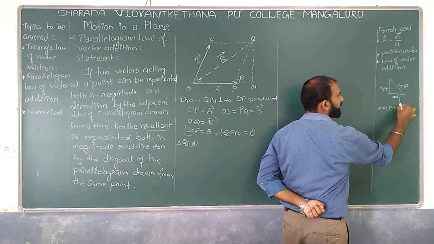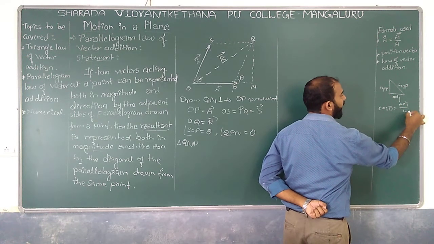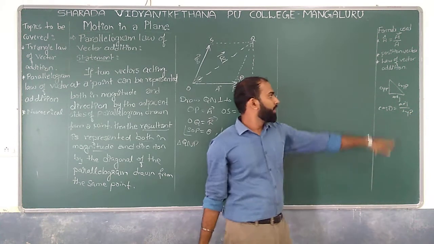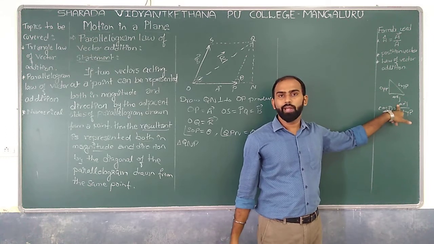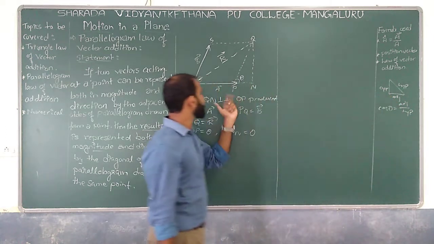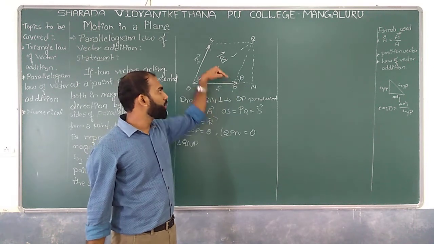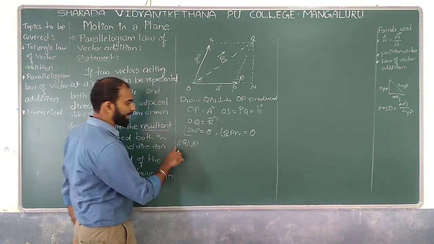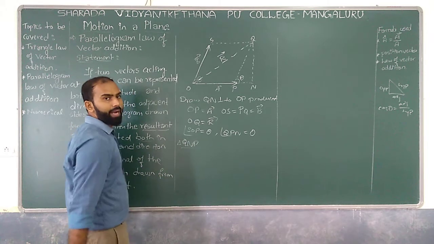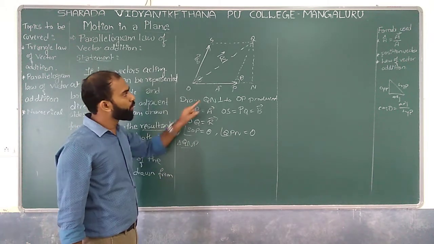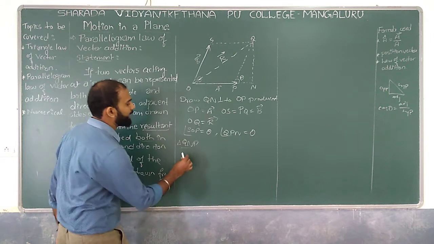Adjacent divided by hypotenuse, correct? Now, in the adjacent side, what do we have here? That is PN. What is the hypotenuse? That is PQ. So in the right angle triangle QPN, I need what now? That is cos theta.